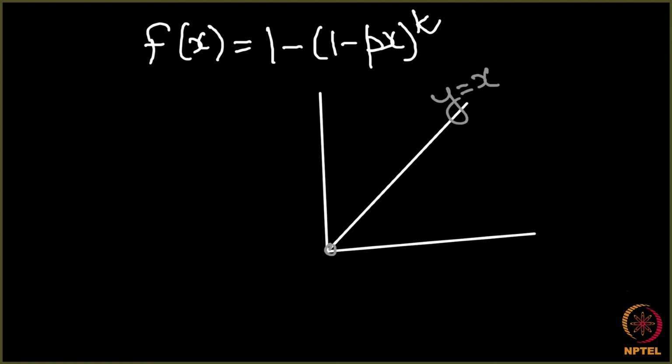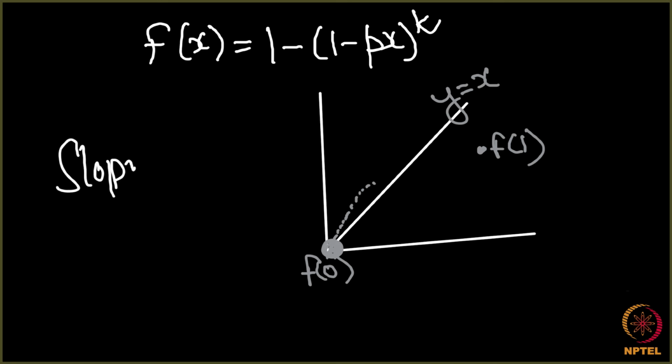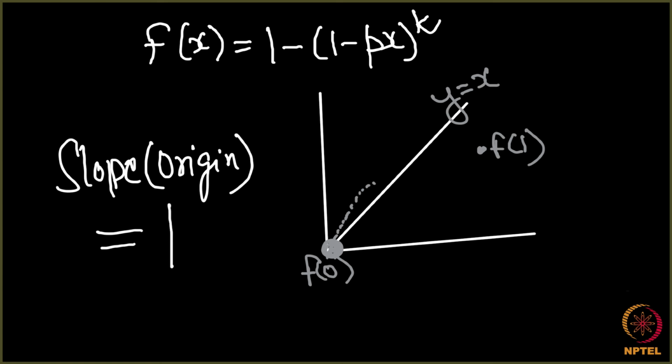Then we saw that here will be our point f of 0 and here will be our point f of 1, and then we were interested in finding the slope of this function at this point, and it turned out that the slope of this function at the origin is nothing but the value of the basic reproductive number. So just remember all this.